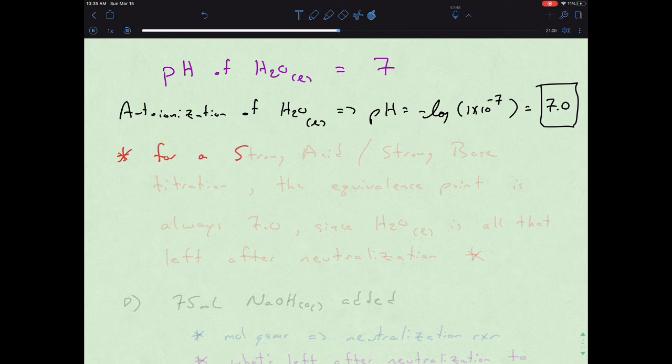For a strong acid, strong base titration, the equivalence point is always 7.